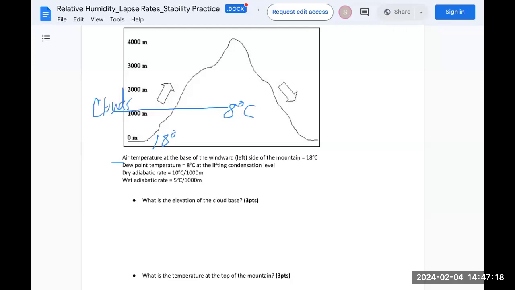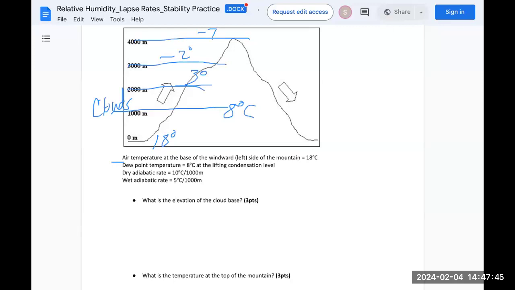It's also when the air is saturated. So now I will continue to cool, but I will cool at a rate of 5. So now I'm here with 3 degrees at my 2,000 meters. I'm at -2 at 3,000 meters, and a -7, that is some cold air, at 4,000 meters, because I was cooling at the wet rate.